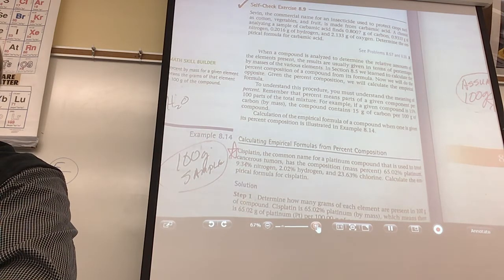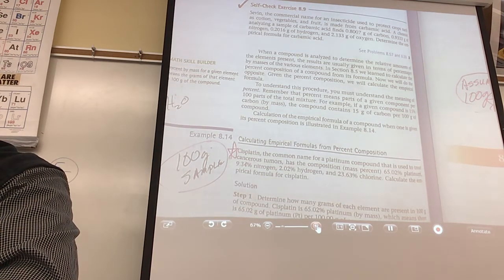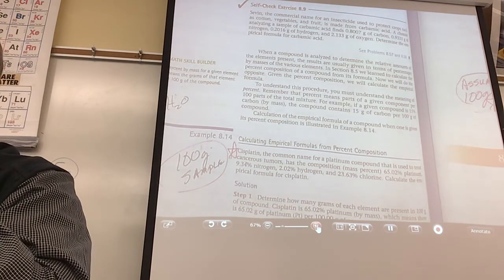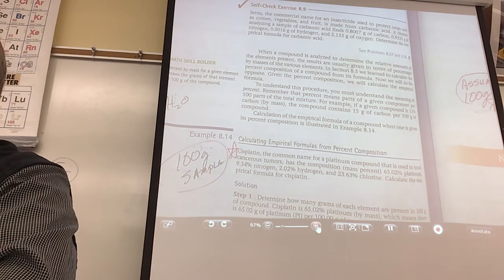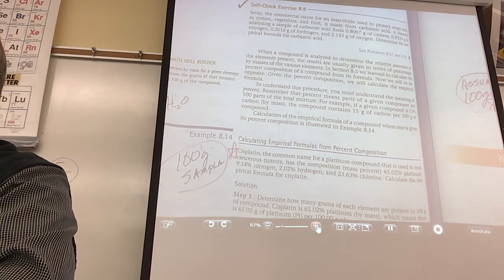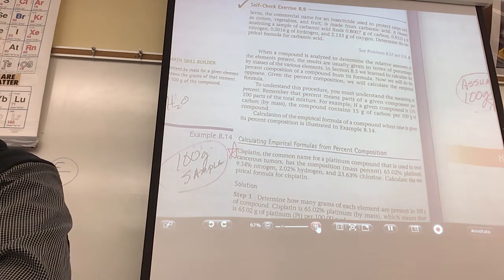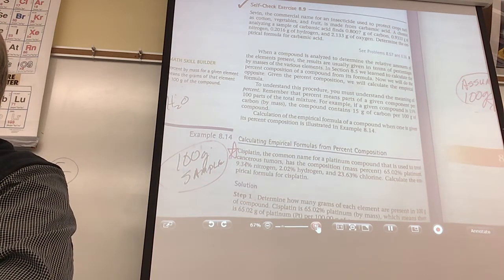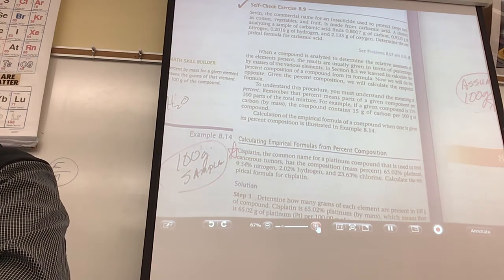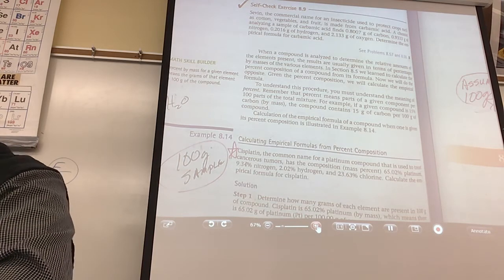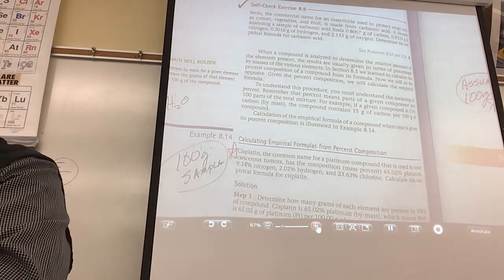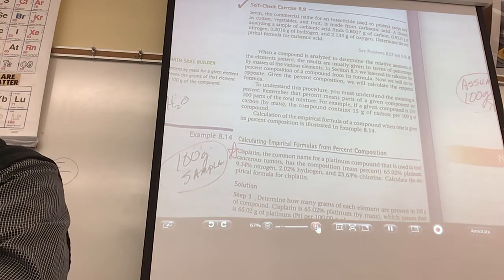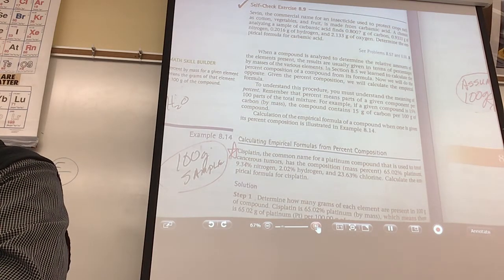Let's say 80% of it was gold. Let's try it again. Let's say it's 1,000 grams. 80% of that is gold. Then 800 grams would be gold, wouldn't it? Now, let's cut it in half. Now it's a 500 gram rock. What percent of it is gold now? Now wake up if you're not awake. Ready?